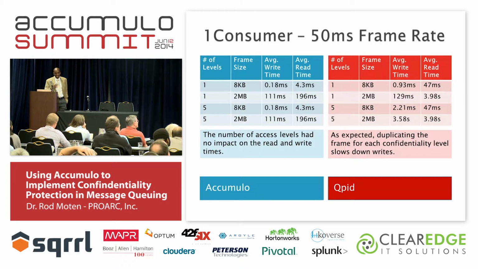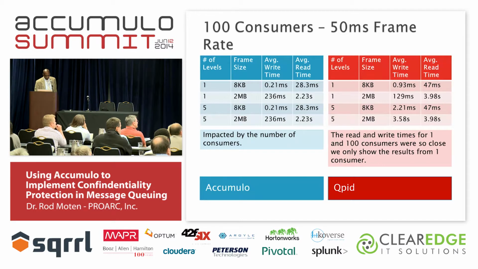I ran this a lot of times because I wanted to make sure I didn't get these numbers wrong, but the numbers don't lie in this case. This also demonstrates that if you're at 8 kilobyte frames, you can get a 50 millisecond frame rate, and actually even lower. But you're not going to get that frame rate for 2 megabytes.